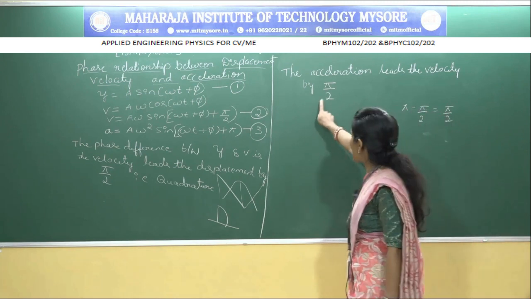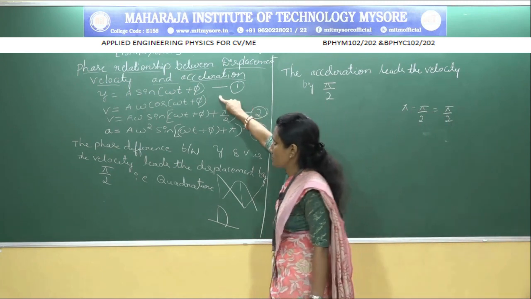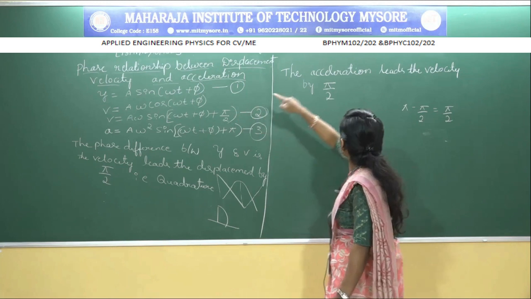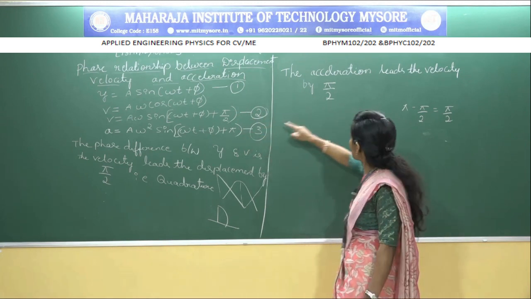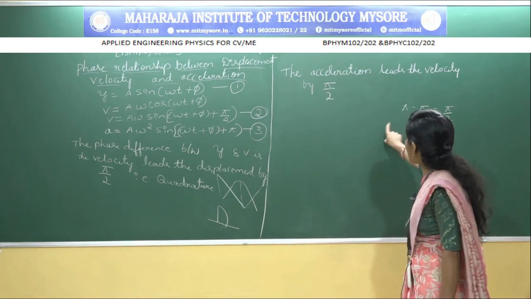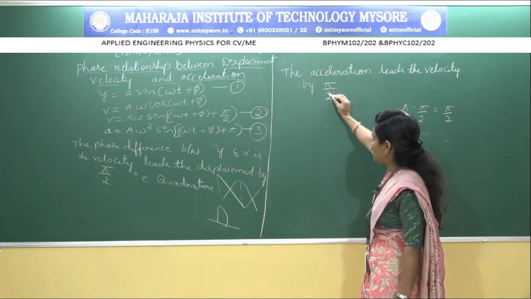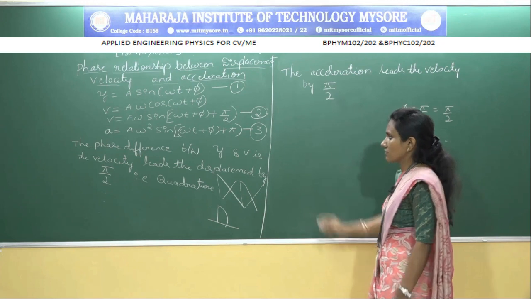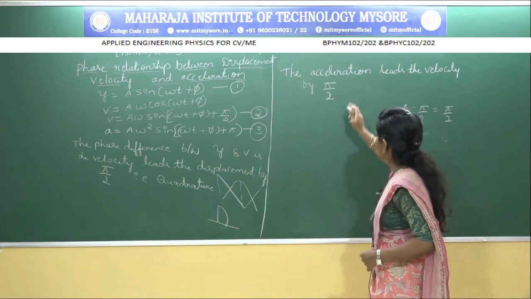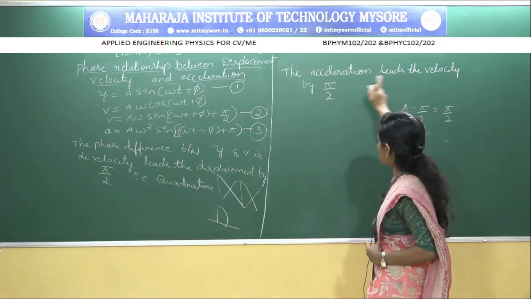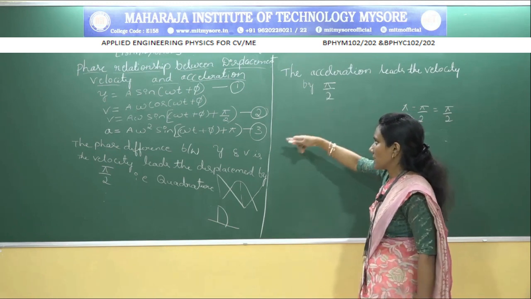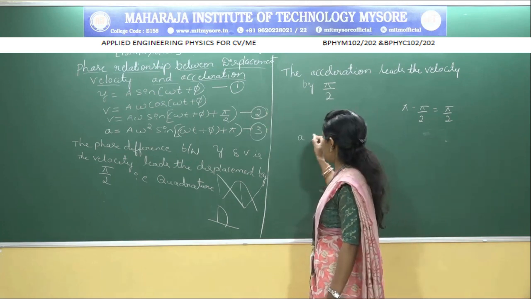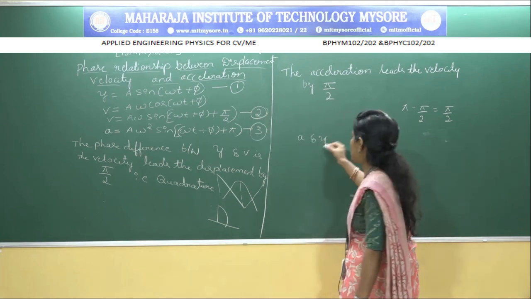So here if we see the acceleration and the displacement, the displacement lags the acceleration by phase difference pi. Here the acceleration leads the velocity by pi by 2. Okay, that is the phase difference.